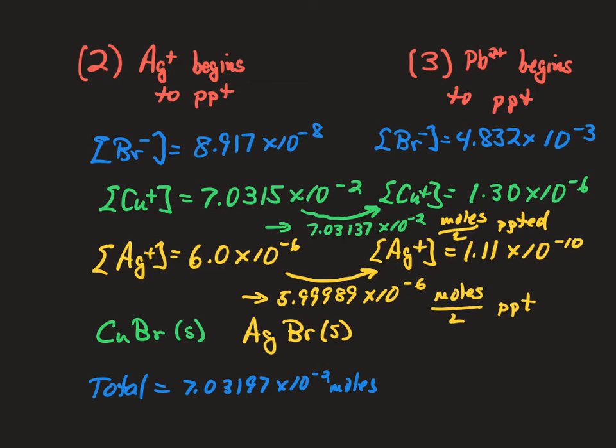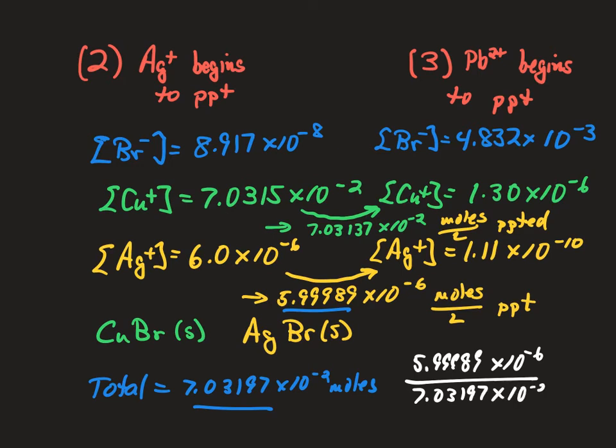So if we take that, if we divide our amount of silver bromide precipitate in moles by our total, we're going to get 5.99989 times 10 to the minus 6th divided by 7.03197 times 10 to the minus 2.